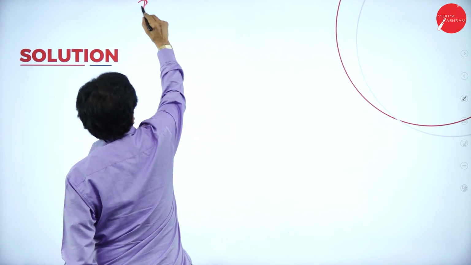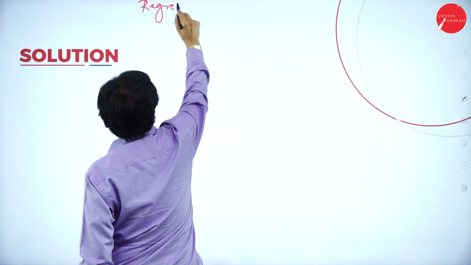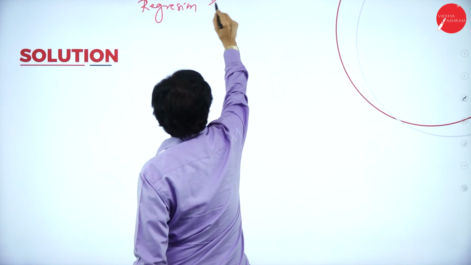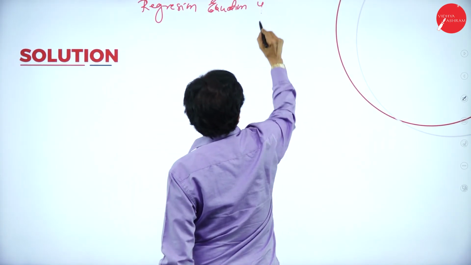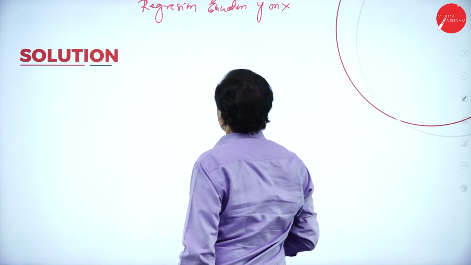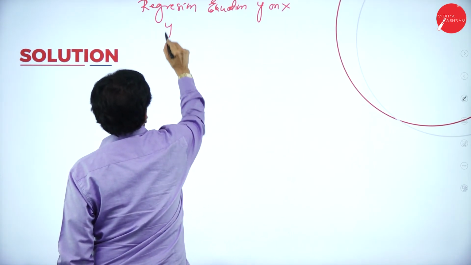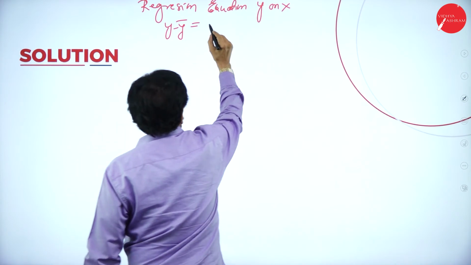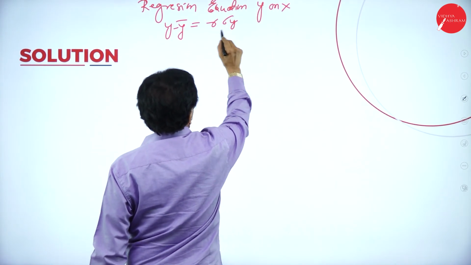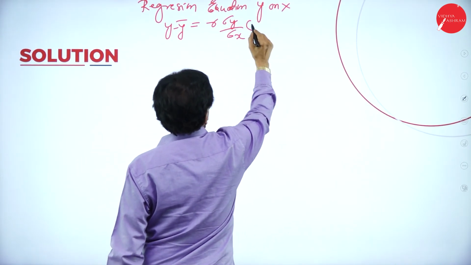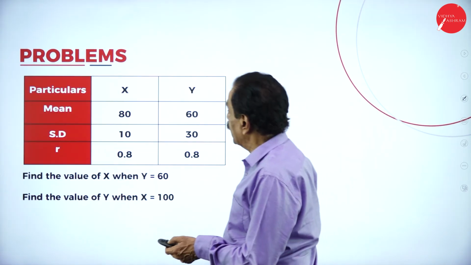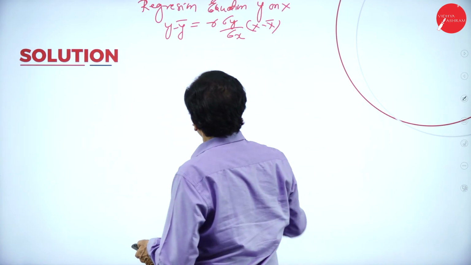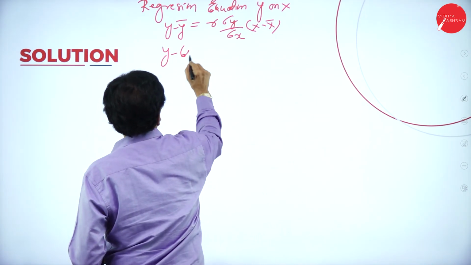Regression equation y on x. Formula: y minus y mean equals r into standard deviation y divided by standard deviation x into x minus x mean. Slowly apply. Y minus y mean is 60.